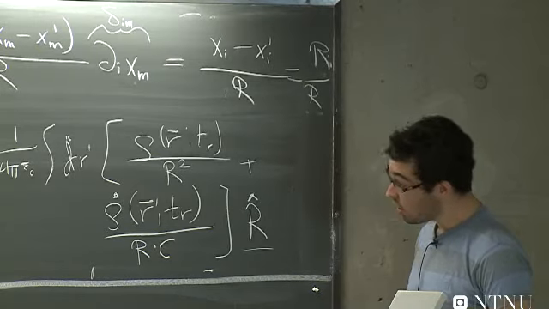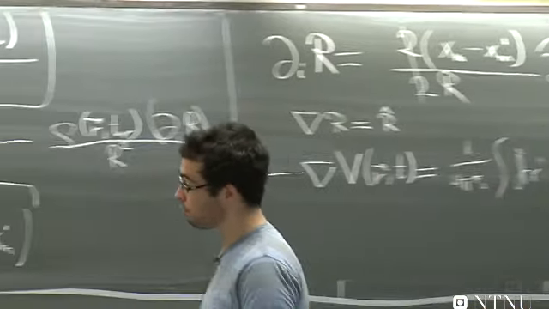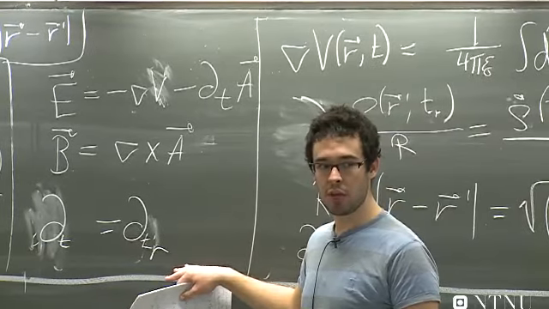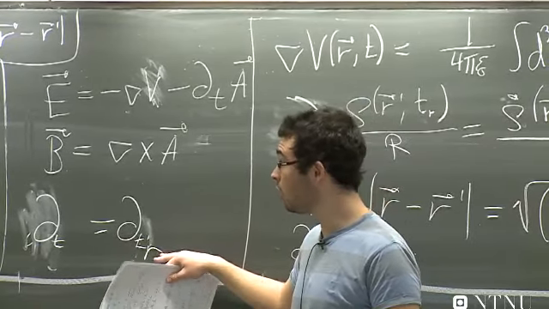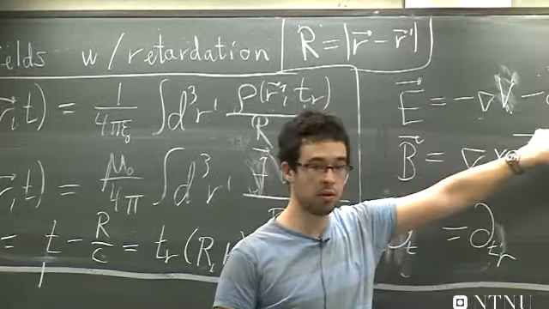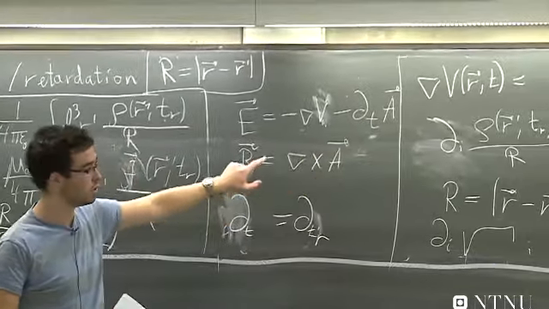Because of this property here, that the derivative with respect to time is the same as the derivative with respect to retarded time, the second term in calculating E, the time derivative of the vector potential, does not change.